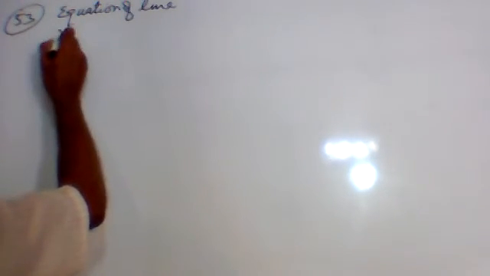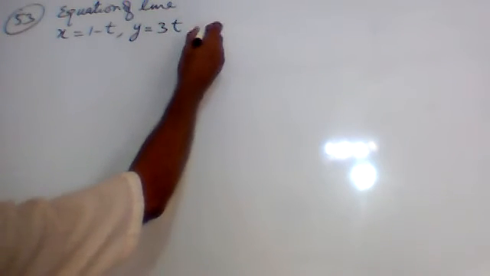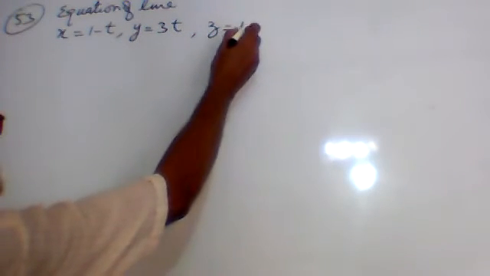The parametric equation is given. Equation of line: x is equal to 1 minus t, y is equal to 3t, z is equal to 1 plus t.